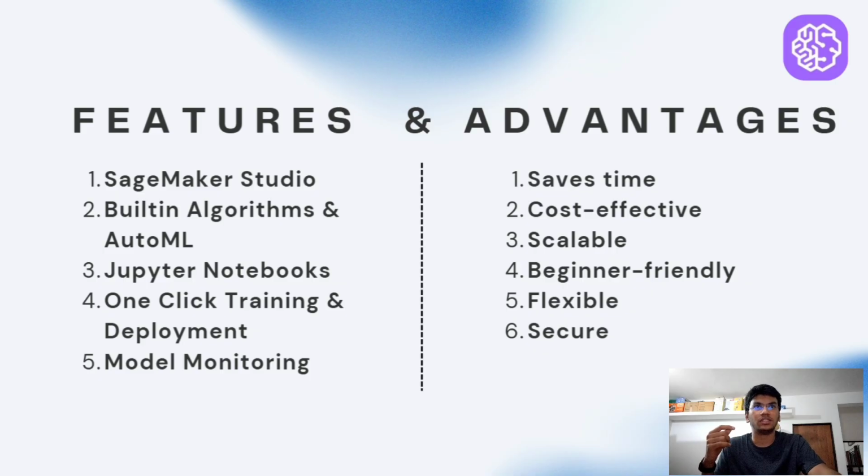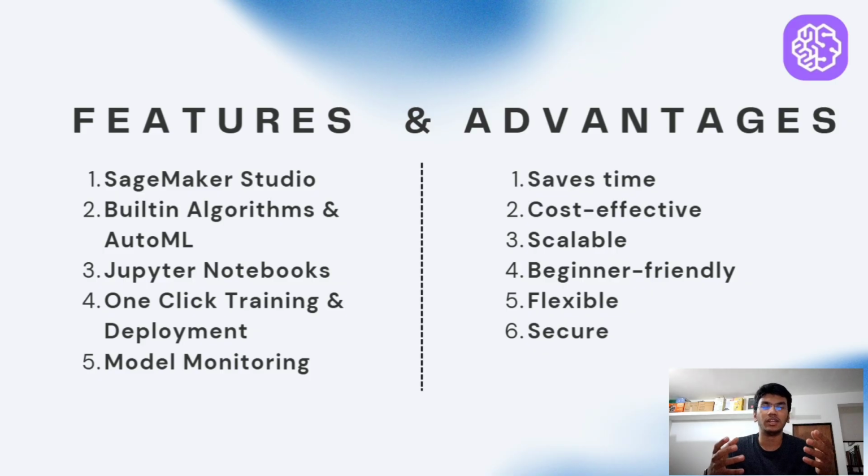Now we will see some of the features of AWS SageMaker. First is SageMaker Studio. It is a single web-based interface where you can do everything like data prep, training, deployment, and monitoring. Also, built-in algorithms and auto machine learning, that is Autopilot.